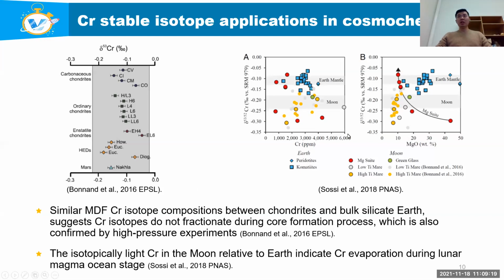The right figure mainly shows the chromium stable isotope difference between the Moon and Earth, the two blue bars. The isotopically light chromium in the Moon relative to Earth indicates chromium evaporation during the lunar magma ocean stage. This is different from other isotopes like zinc, potassium, or gallium, for all of which the Moon is heavier than the Earth.